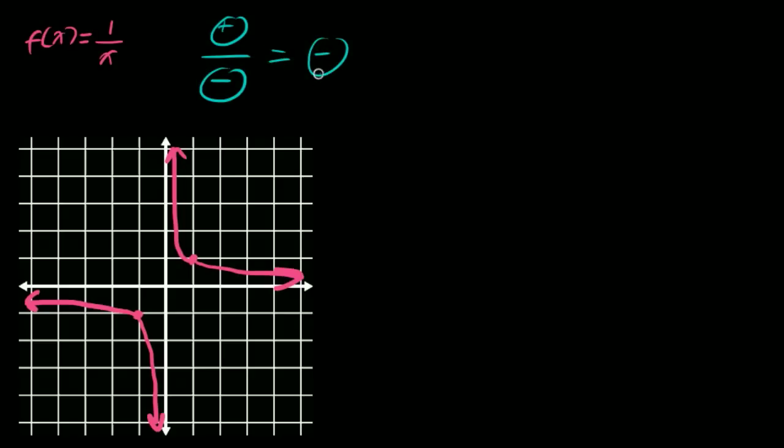So ultimately, we're going to have a negative number. So we're going to get that type of behavior. However, on this side, when we go to infinity from this direction, we're always going to have a positive number divided by a positive number. So therefore, that'll just be a positive number.